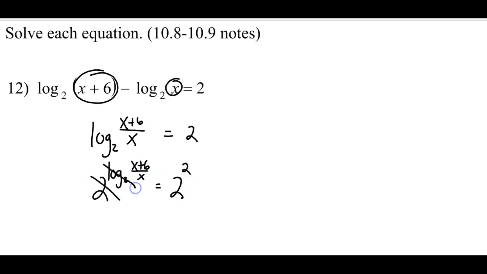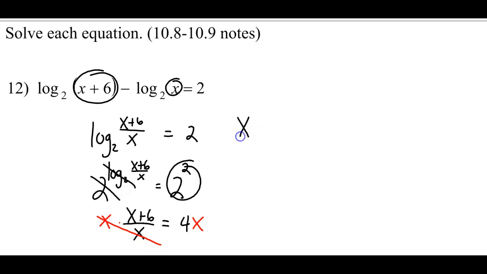On this side, they cancel. On this side, you get 4. Once again, when you have a fraction, you want to multiply both sides by the denominator to cancel that out. So on the left side now, I'm left with x plus 6. On the right side, I've got 4x. And then we just solve from there.